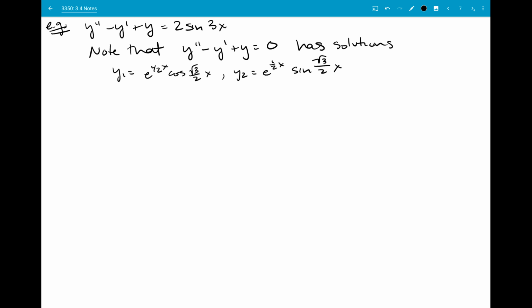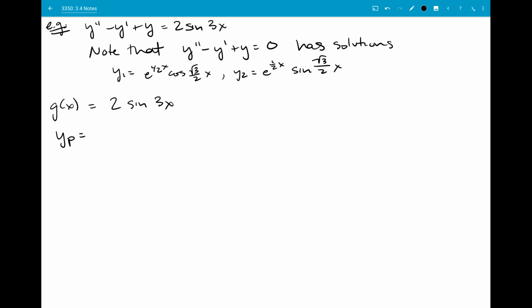You could do that using methods from last class, and we're not going to do that here because it's not a good use of your time, since you already know how to do it. Then our g of x, using the notation for this section, is just the right-hand side, 2 sine 3x.